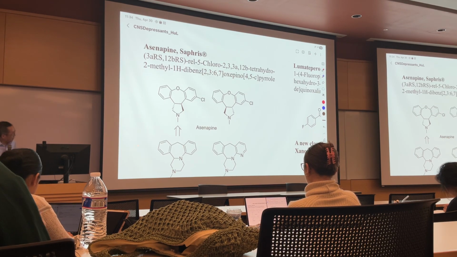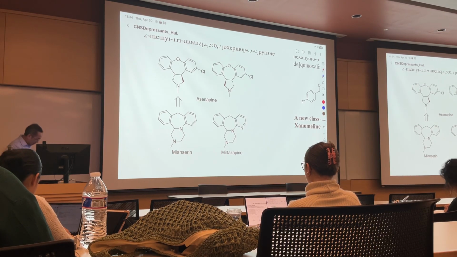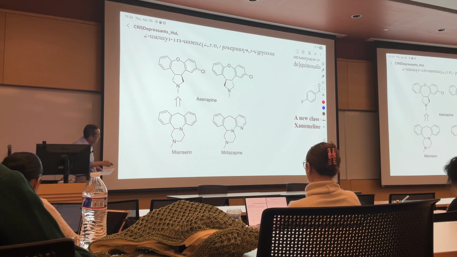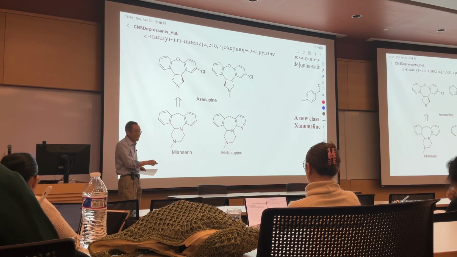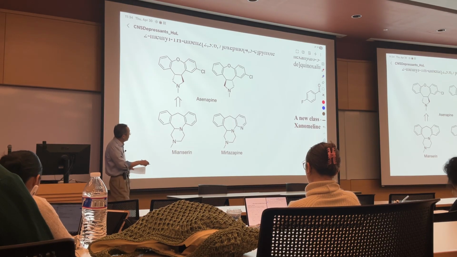So it structurally resembles mianserin. So this is mianserin. This drug is used as an antidepressant in Europe, not in the US. But we did cover mirtazapine, right, as an antidepressant that's used in the US.